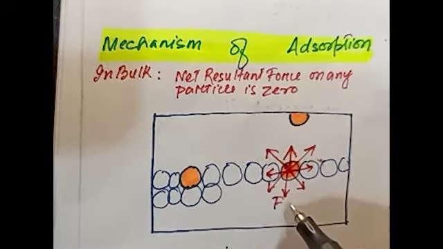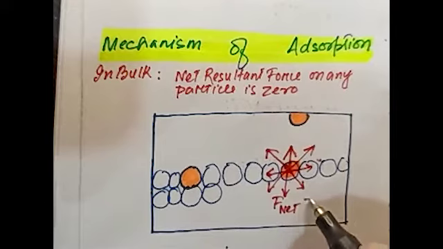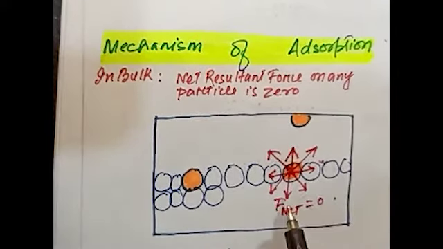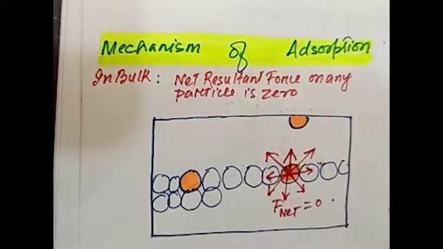So the net resultant force acting on the orange particle is zero. This will be a zero. Any question?